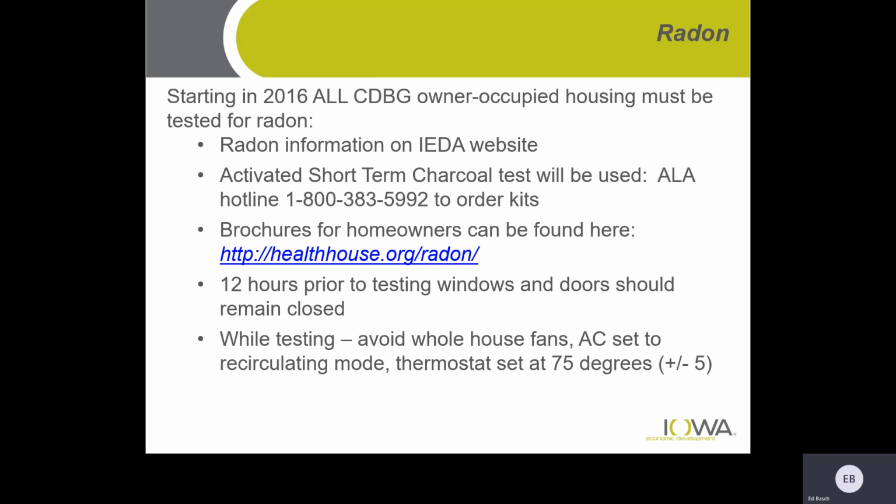And again, 12 hours prior to testing, windows and doors should remain closed so that you aren't reducing the reading through ventilation, because you want to know what it is when the windows and doors are closed. And avoid whole house fans, air conditioning set to recirculating mode, and a 75-degree thermostat setting, plus or minus 5 degrees. So those are all things you should do in preparation for testing.